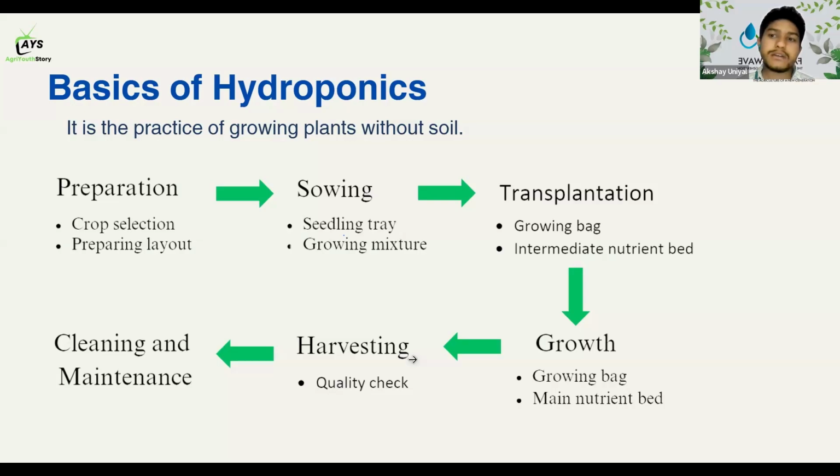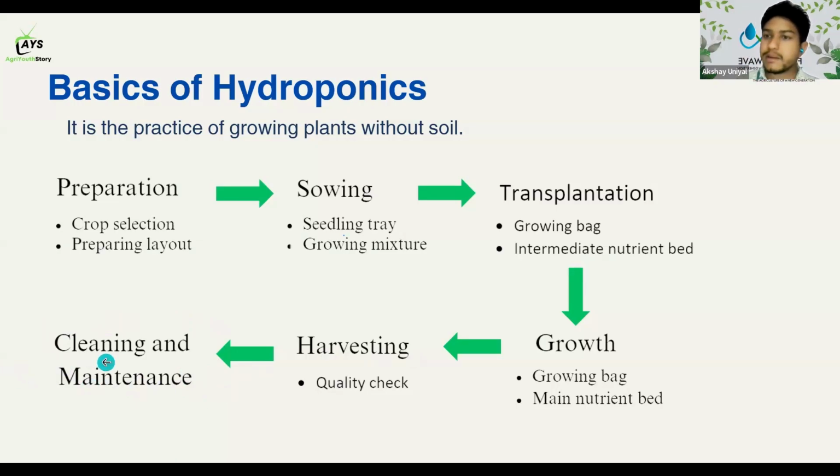Now, there are crops like capsicum and tomatoes where this harvesting period can be very long, up to 1 to 2 months easily. So we'll be harvesting on a daily or weekly basis, and then it comes to cleaning and maintenance. As soon as one particular crop has gone through this from preparation to the harvesting part, we start preparing the system for the next crop.